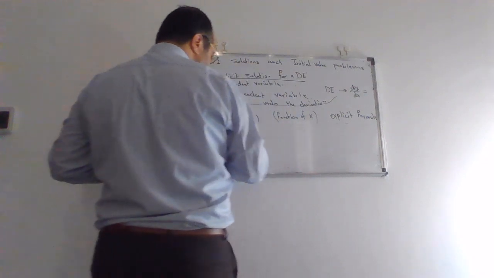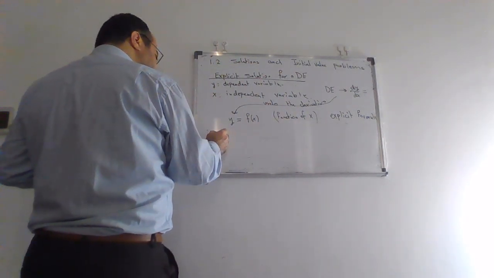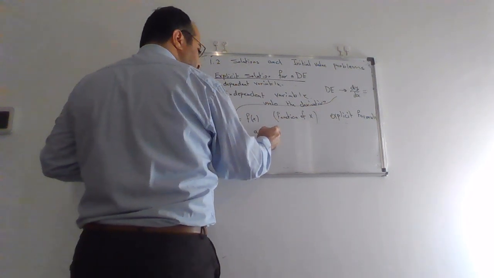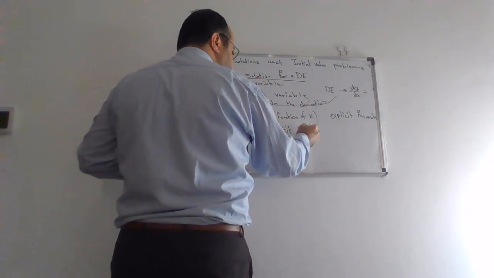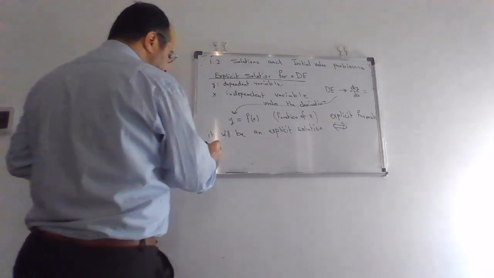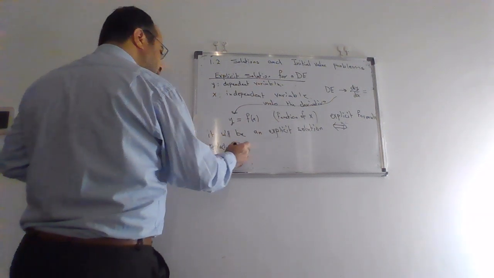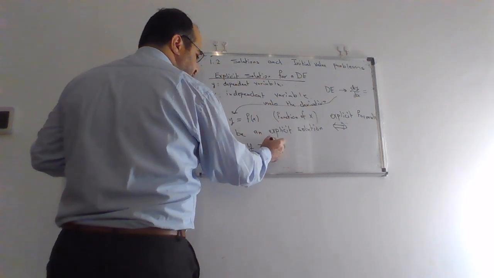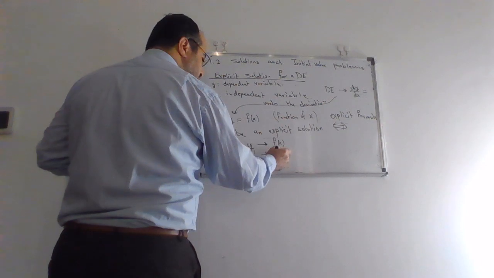And this will be an explicit solution if and only if you go and replace y with f of x, y prime with f prime of x, and so on.